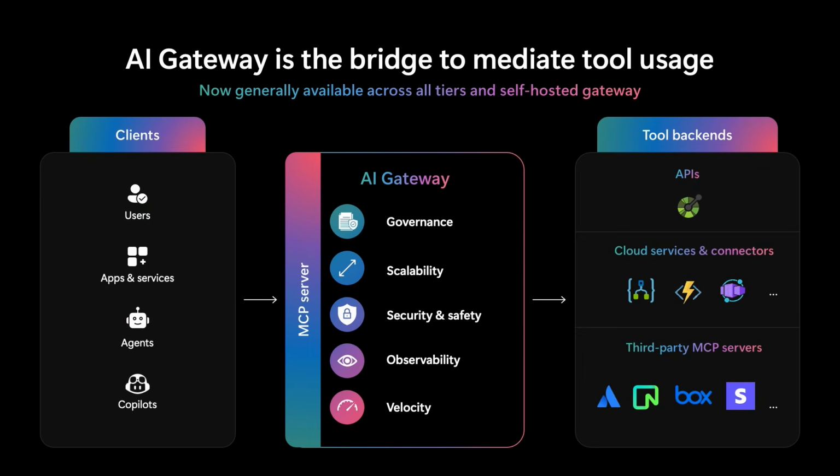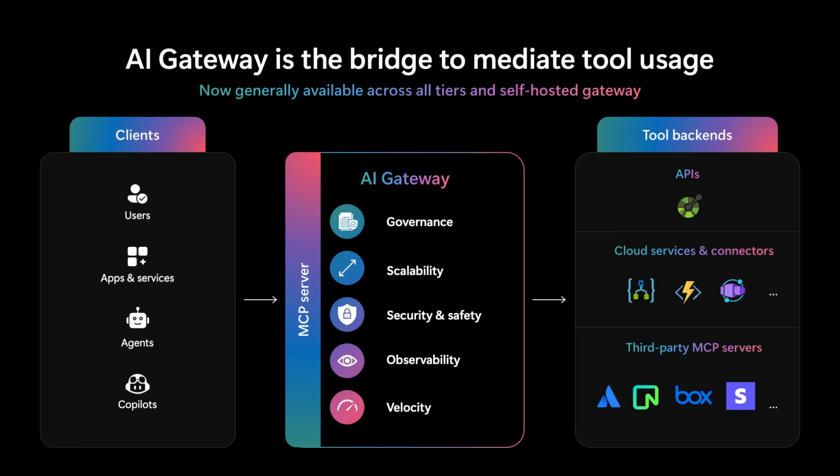AI Gateway, just like how it is the bridge to mediate model usage, it is also the bridge to mediate tool usage. We solve for the same issues such as governance, security, observability, velocity, and scalability when you are interacting with various kinds of tool backends, like I mentioned before. APIs, it could be cloud services or connectors.